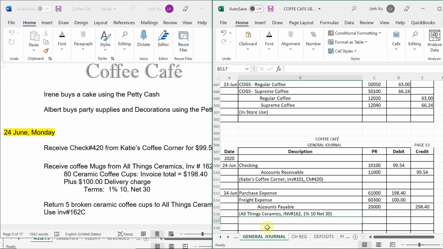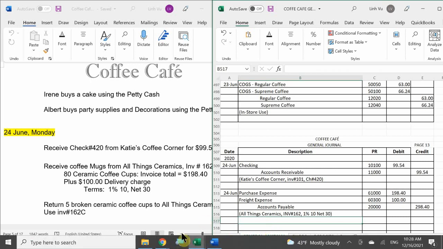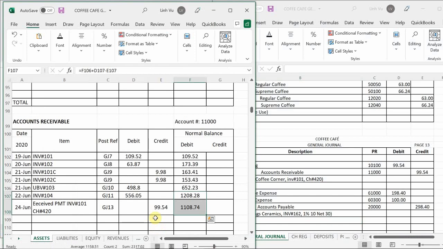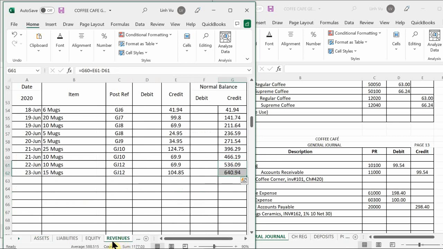Good. Now we go to the general ledger. We got some purchase expense.